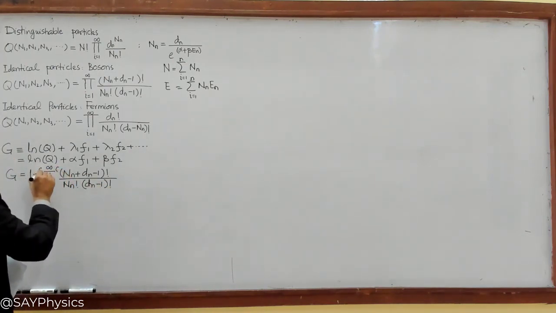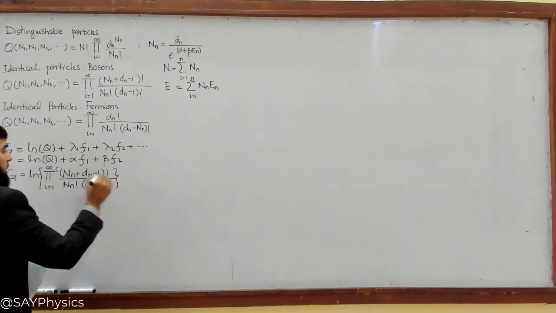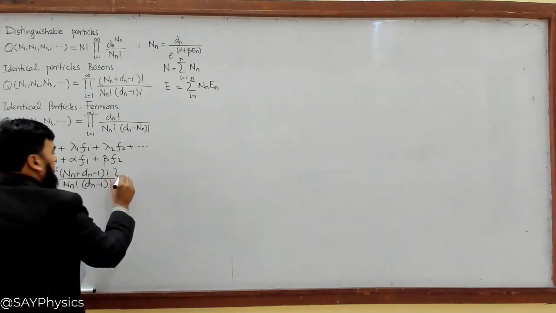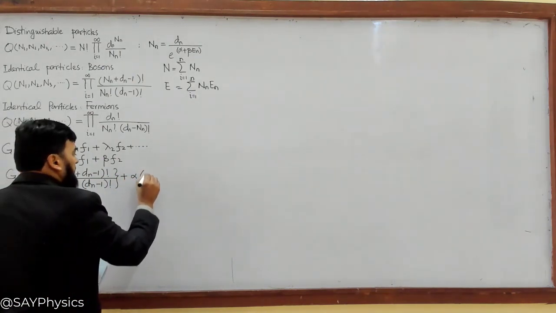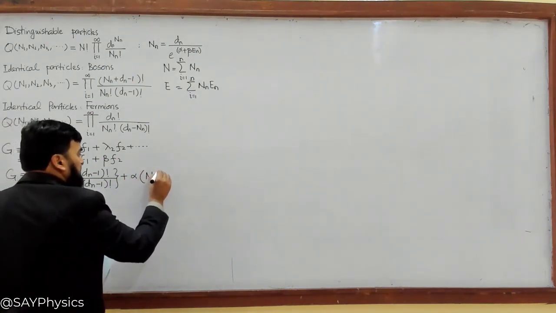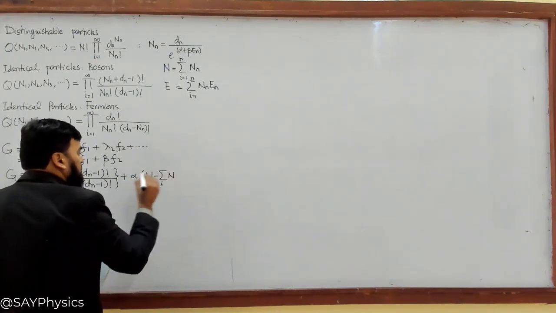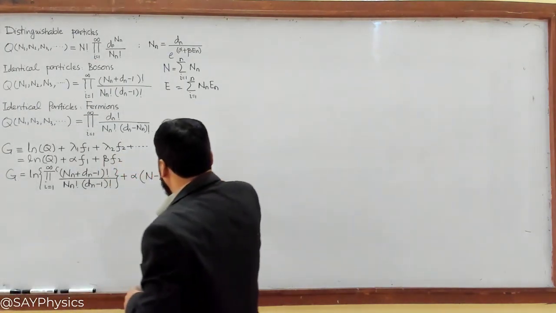This is our log Q, and then plus the first Lagrange multiplier, and the first constraint is N minus summation on i, and this is n_n.